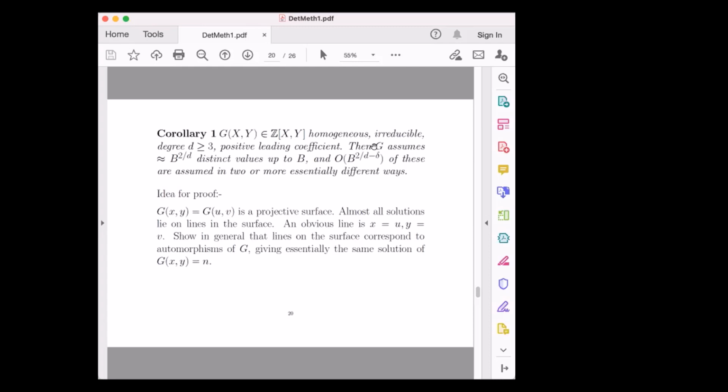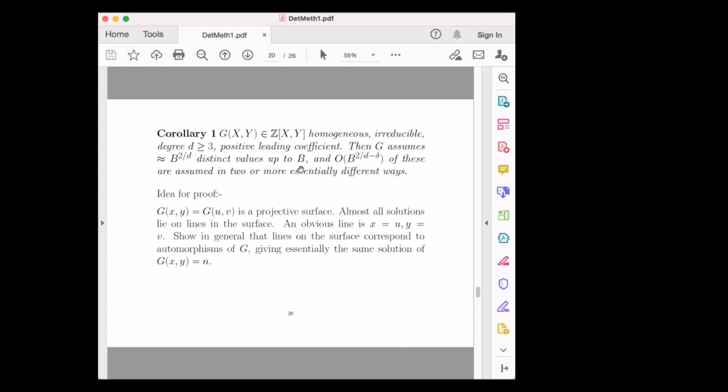Then the values that this assumes, if you put in integer variables x and y, you get something of exact order B to the 2/d distinct values between 1 and B. And the number of these that are taken in more than one way is of order B to the 2/d minus delta for some positive delta.